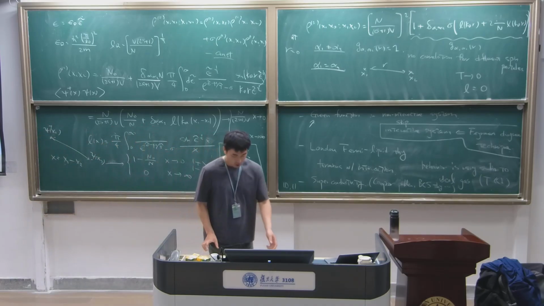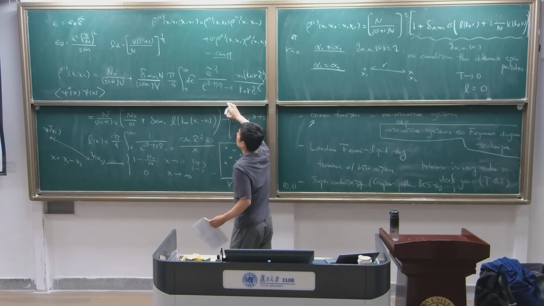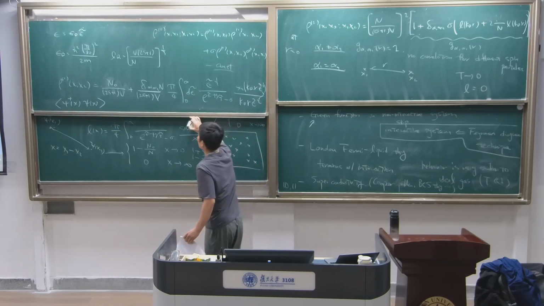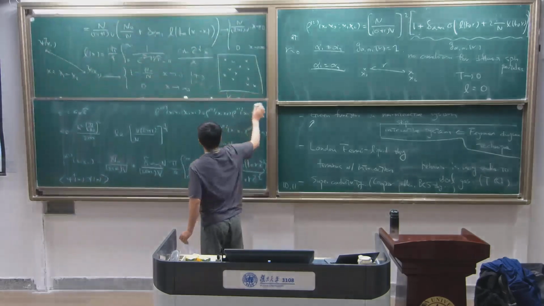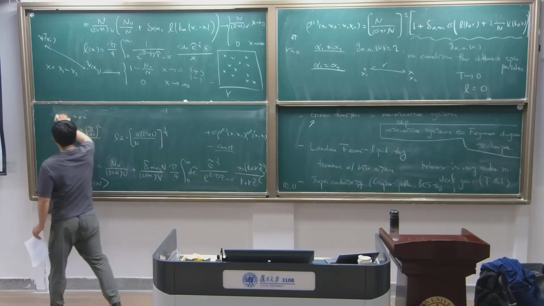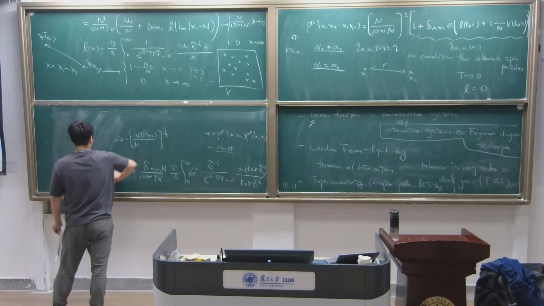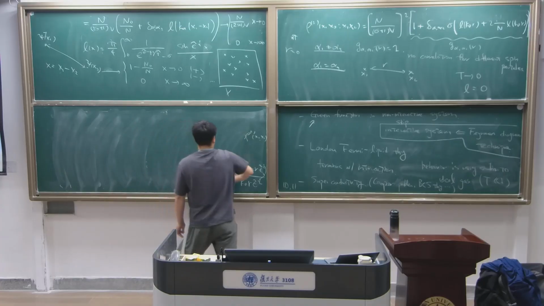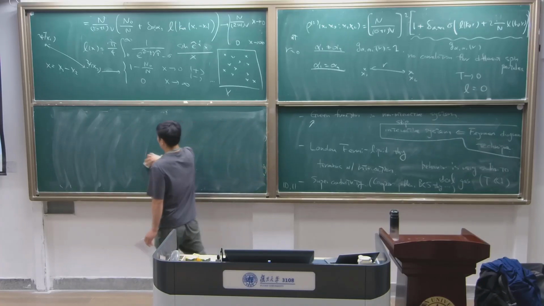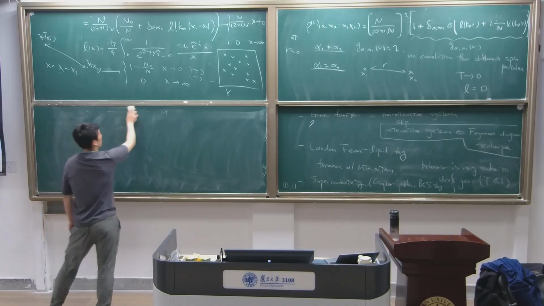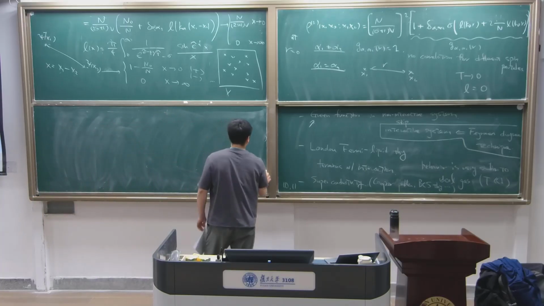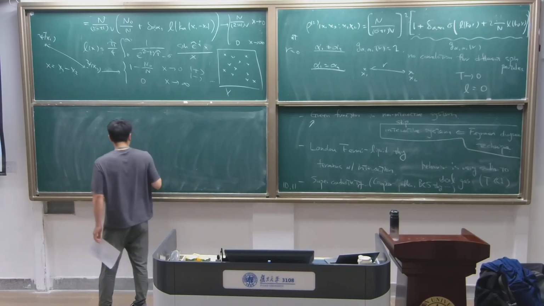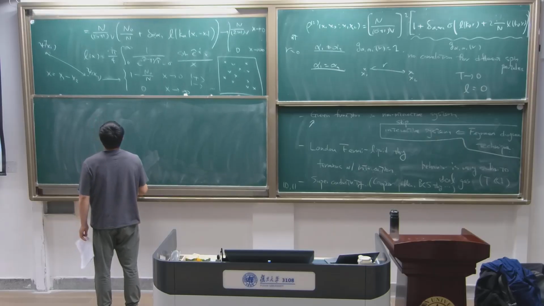Okay, so now we are going to talk about the Green function. Since we already knew that if you use the density matrix, we can compute the expectation value of an operator.